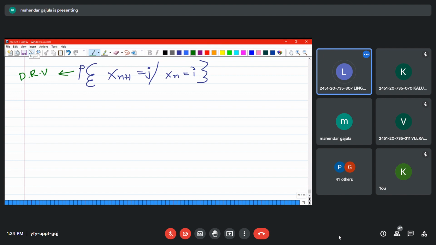I will post assignment 2 in the Google Classroom. The questions are: first, write the properties of joint distribution and joint density functions. Second, write the properties of autocorrelation function, cross correlation function, and covariance function. Third, write the properties of auto power spectral density and cross power spectral density. These are the assignment 2 questions.